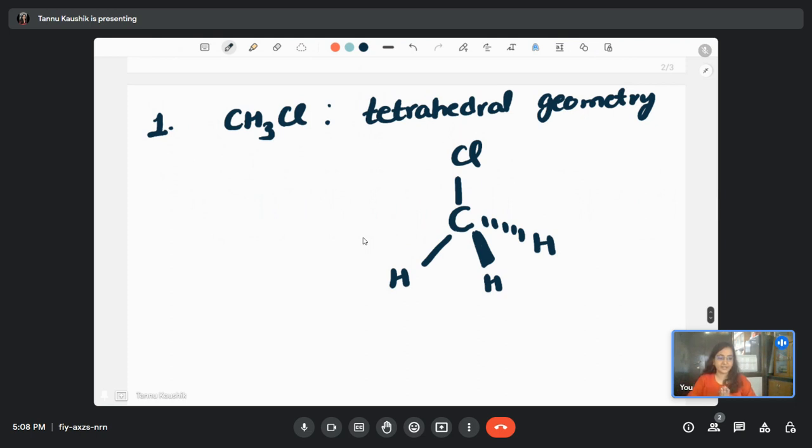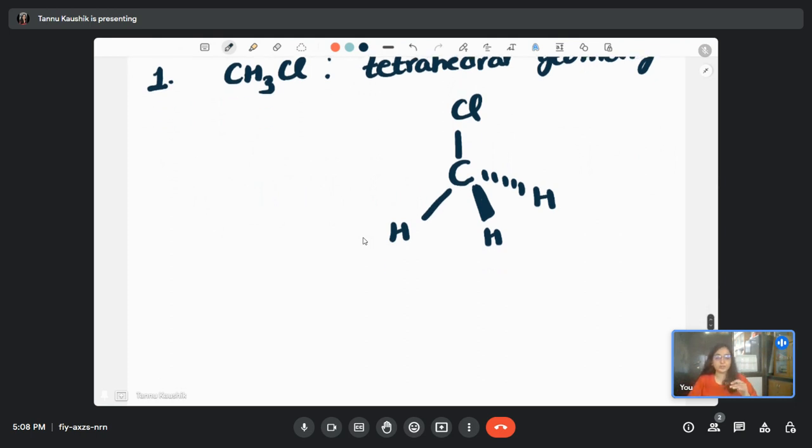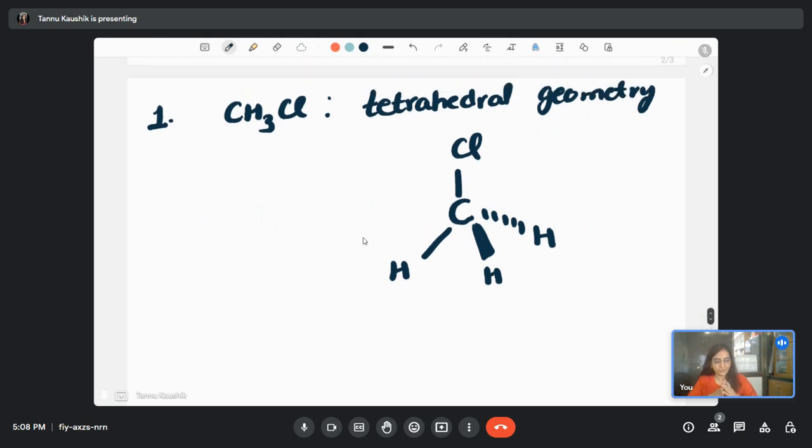Here we can see, we have already discussed methane in the main lectures. So you know C3 is present in these molecules, and that passes through the principal axis of rotation present in these molecules, which is C3.